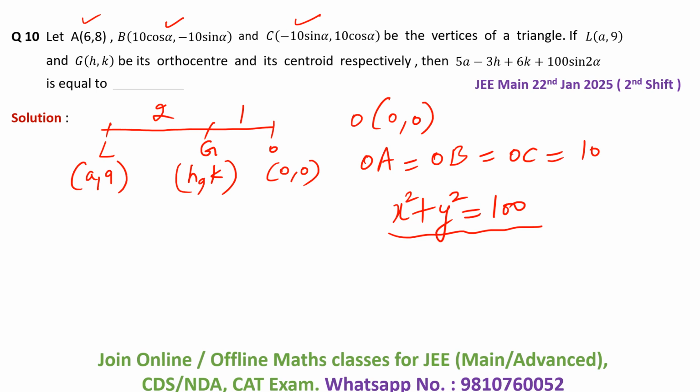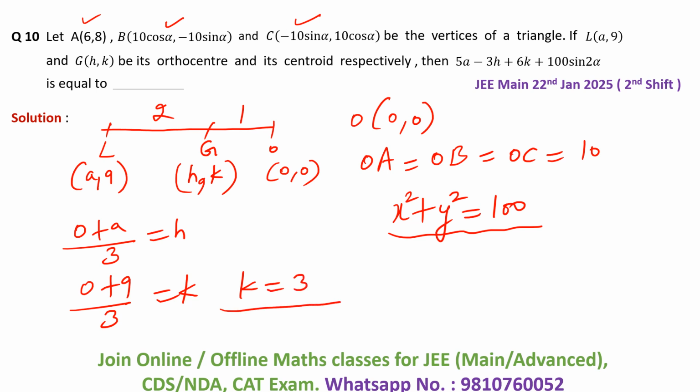You get (2 into 0 plus 1 into a) divided upon 3 equal to h. Similarly, (2 into 0 plus 1 into 9) divided upon 3 equal to k. So from here we get the value of k as 3, and we also get that a is equal to 3h.